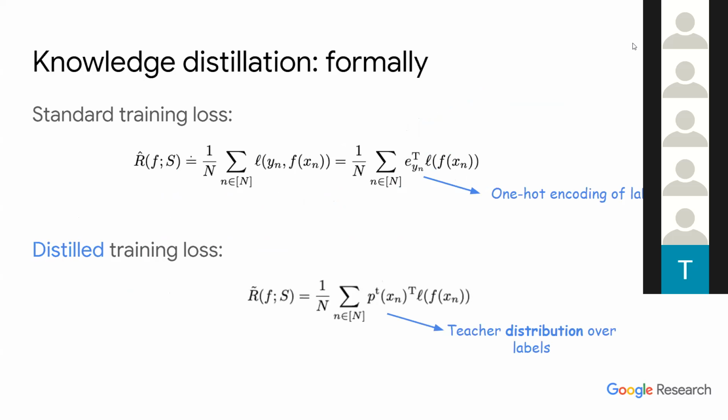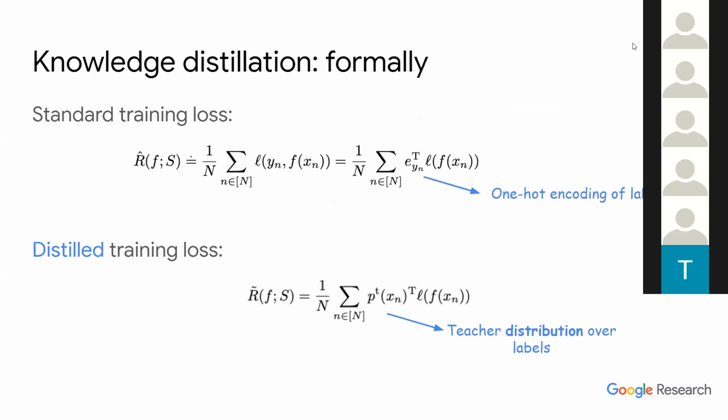So let's define knowledge distillation more formally. We will have a lot of notation. Let's call this R hat of f, the risk. R stands for risk. It is the risk of this function, the predictor, over this set of data points.